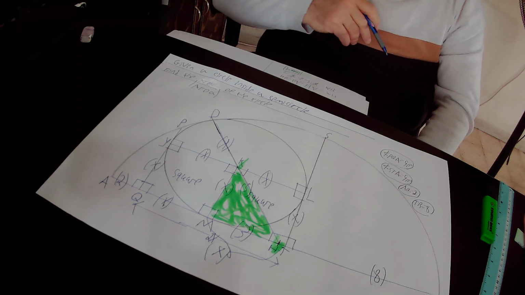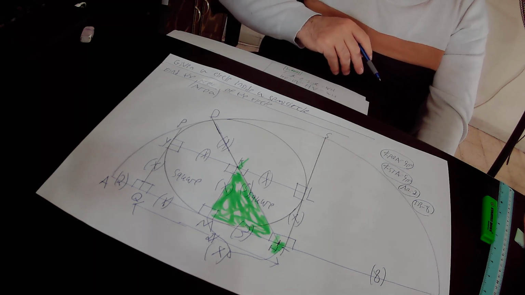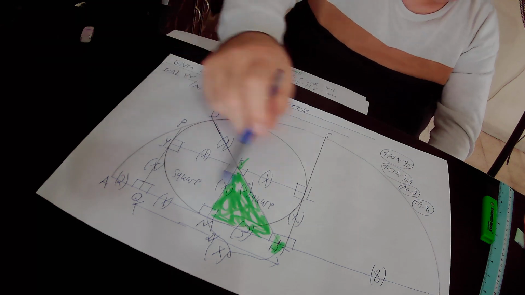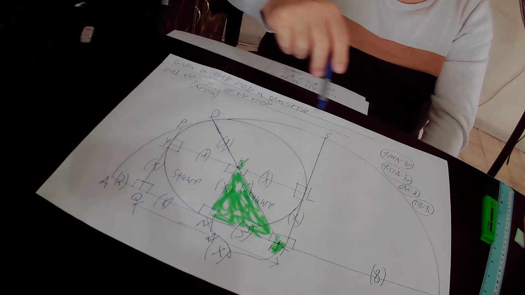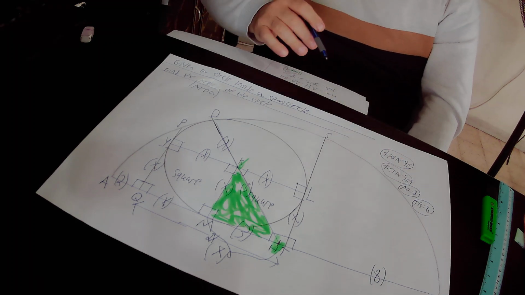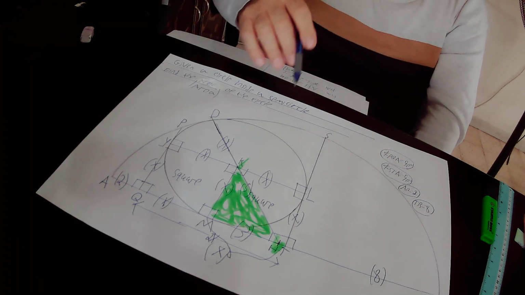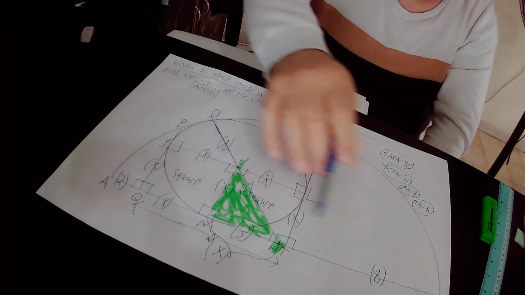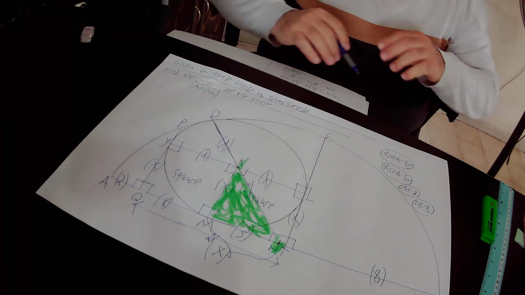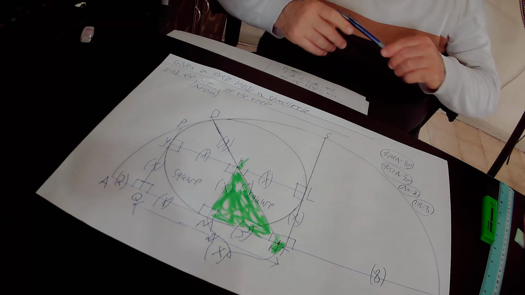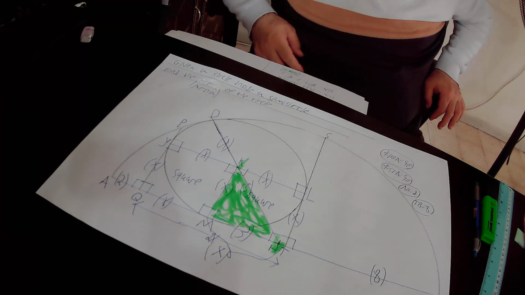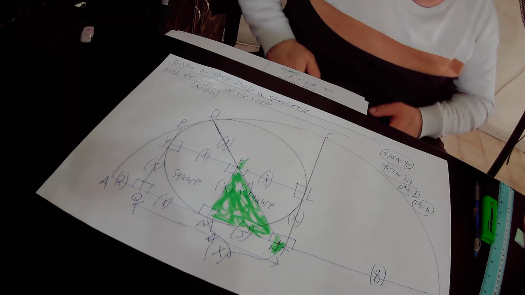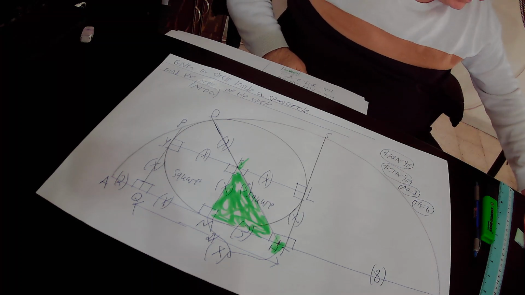Okay, so here AB is the diameter of this semicircle. So AB is the diameter, it is absolutely a straight line. So here we can implement rule 3. According to rule 3, the sum of the angles on one side of a straight line equals 180 degrees.